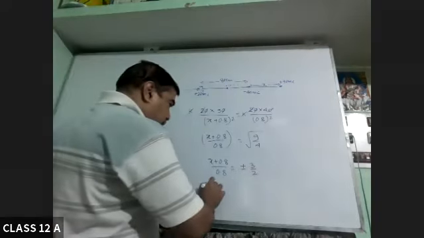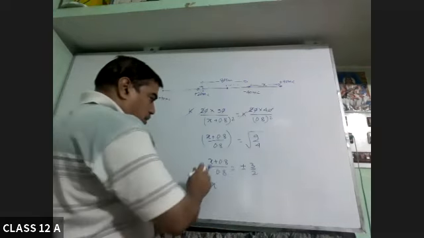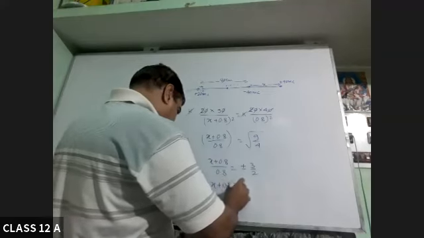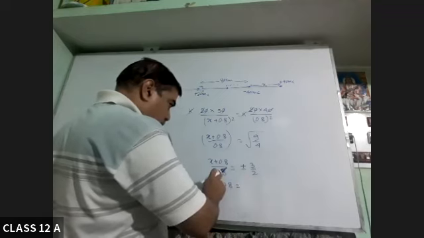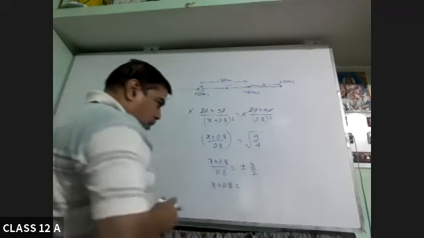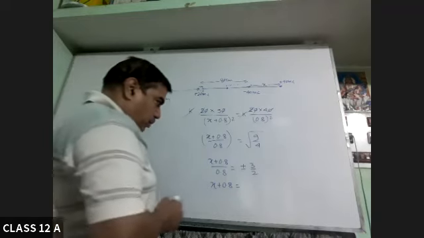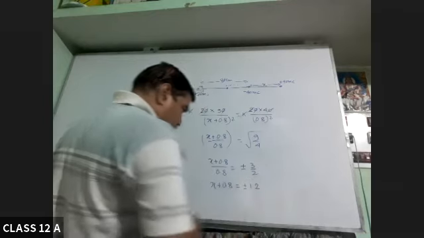So the value of x is x plus 0.8 equals, 0.8 into 3, 2.4 by 2, 1.2, plus minus 1.2.